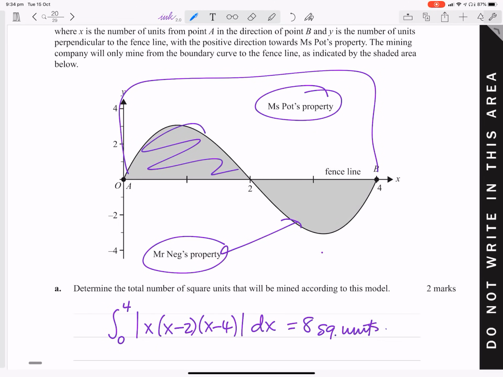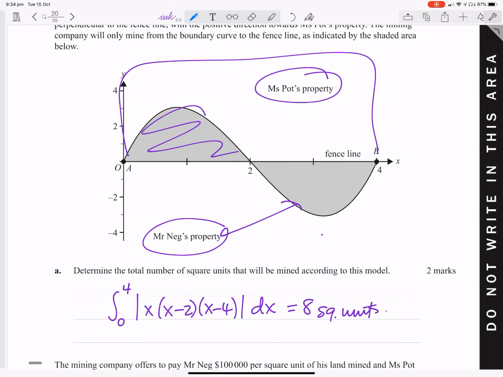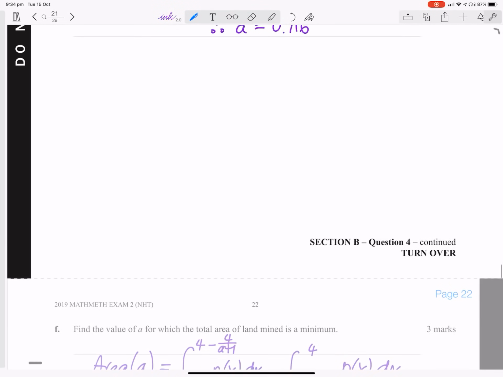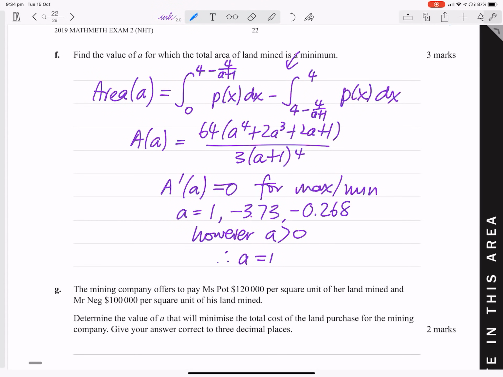Okay. So Mr. Potts's property, so if you think about it in terms of this, first area is Mrs. Potts, and the second area is Mr. Potts.